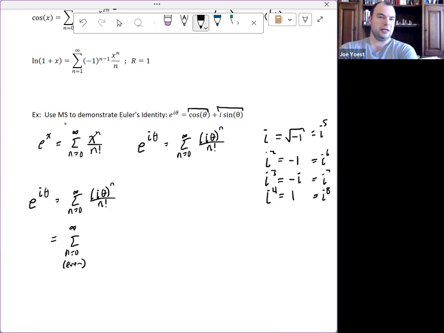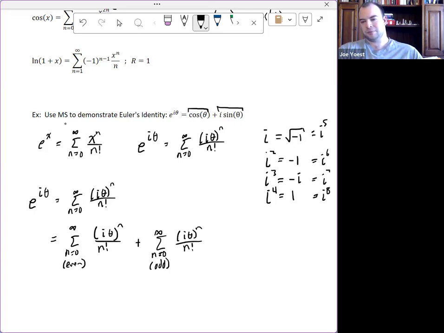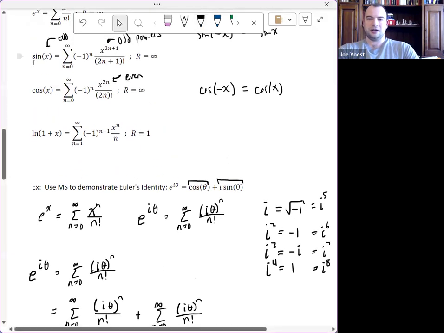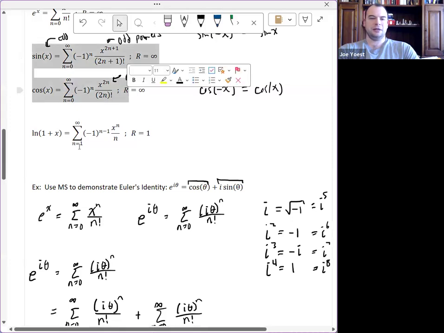So I'll just note that like this, sum n equals 0 to infinity, but only the evens. I'll make it a little more mathematically precise in just a second. Plus sum n equals 0 to infinity of only the odds, (i theta) to the n over n factorial. So we're trying to work our way towards something that looks like these summations here.